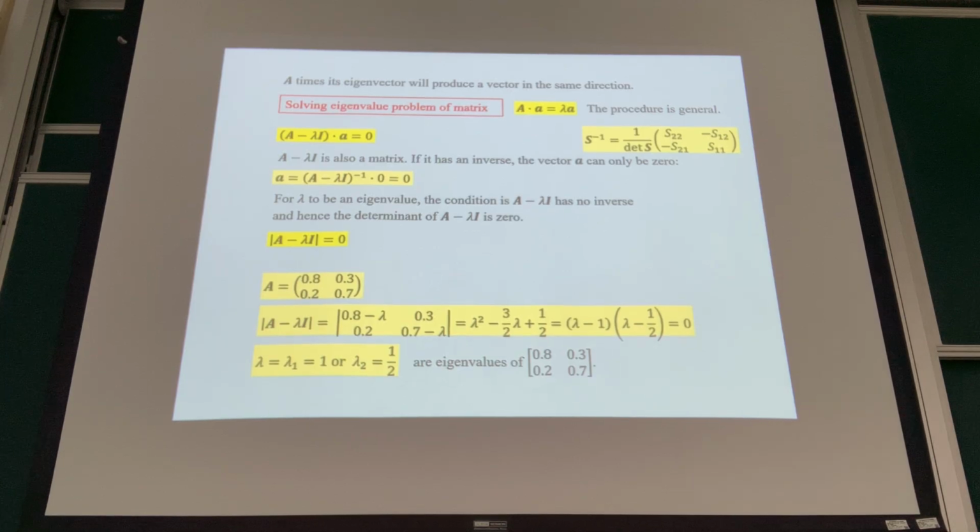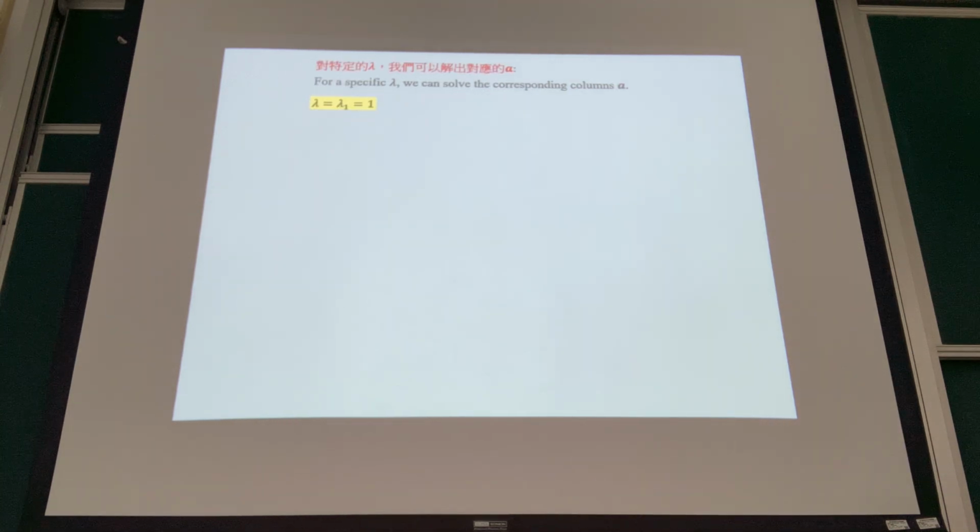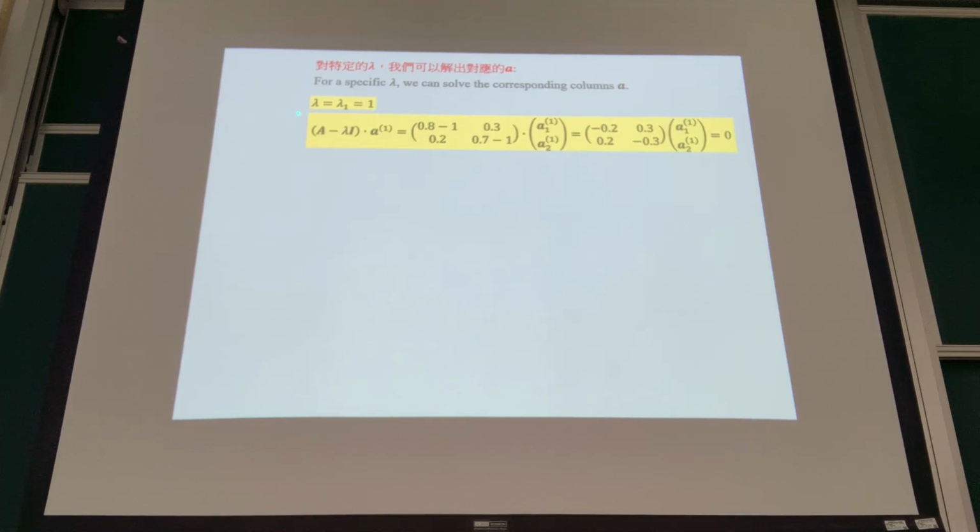You haven't found the eigenvector yet. We find the eigenvalue. From the eigenvalue, I can find the eigenvector. That's the key. Okay, so eventually I want the eigenvector, not just the eigenvalue. Okay, so for the eigenvalue, there are two possibilities. One, let's call it lambda 1, which is equal to 1, and you just put it in. So that's a standard procedure. We just plug the value of lambda into the equation itself.